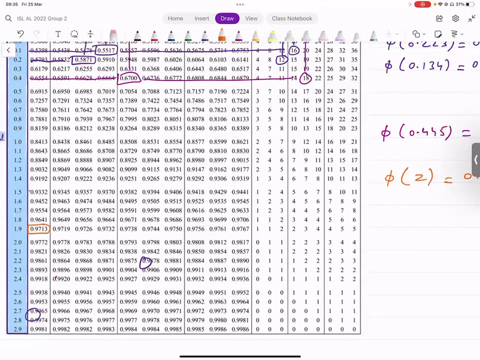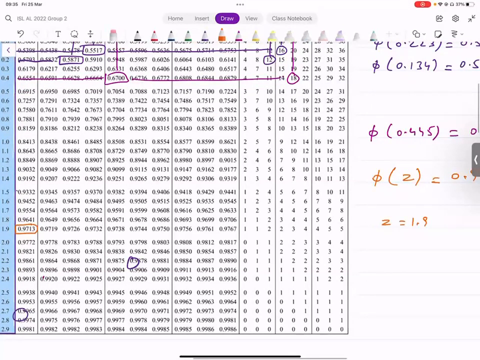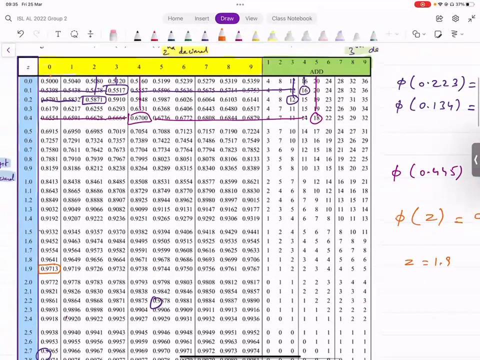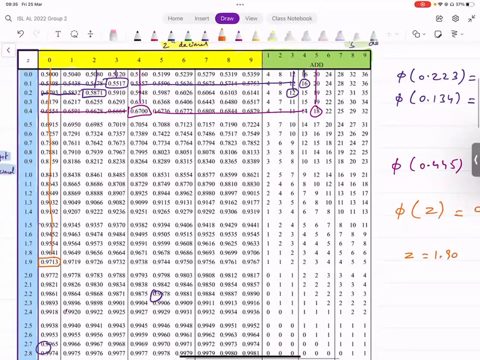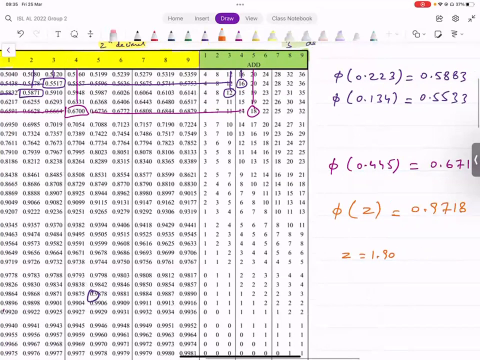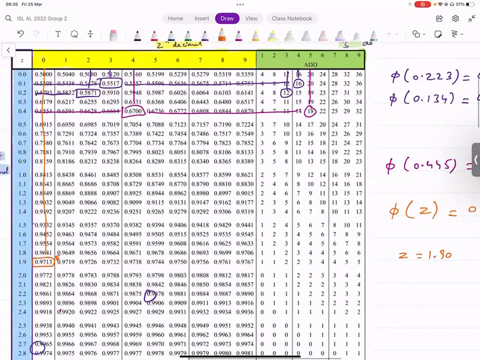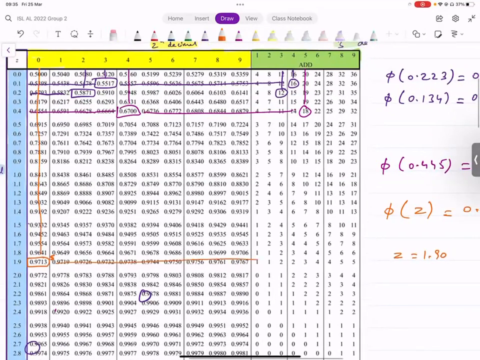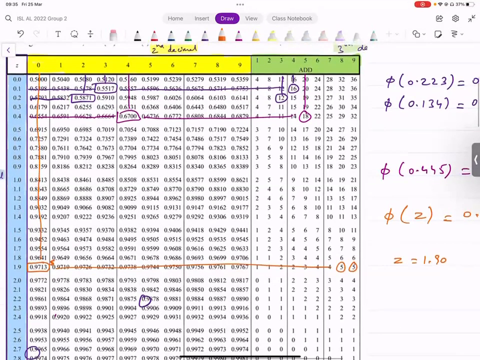Immediately smaller, that's 1.9. And then 0 is the second decimal, 1.90. कितना ऐड करना है 9718 के लिए? We need to add 5 here. 5 यहाँ पे राइट साइड पे किधर मिल रहा है आपको? We have 5 here और here. दोनों में से कोई भी यूज कर लें, या 8 यूज कर लें या 9 यूज कर लें.